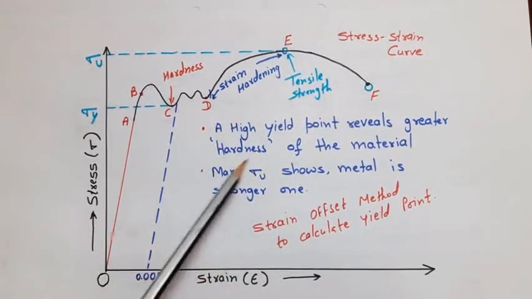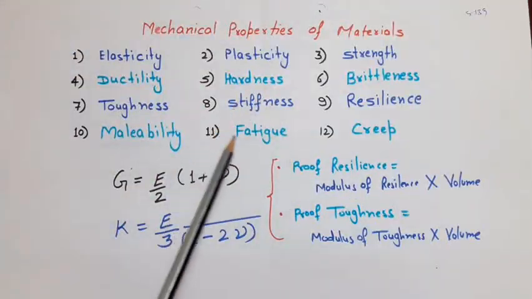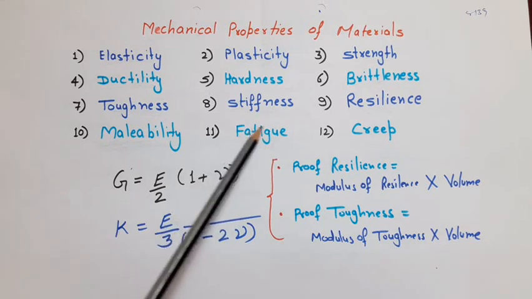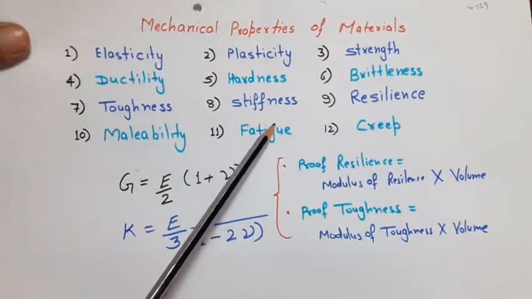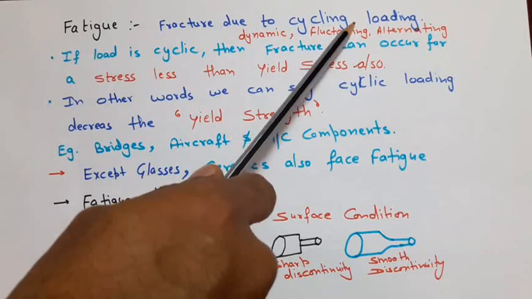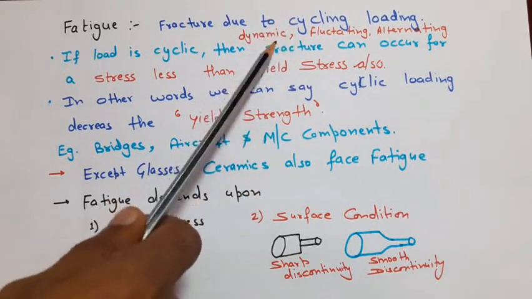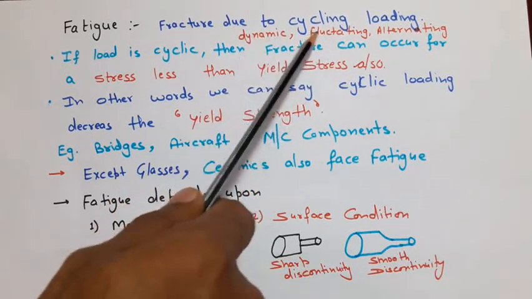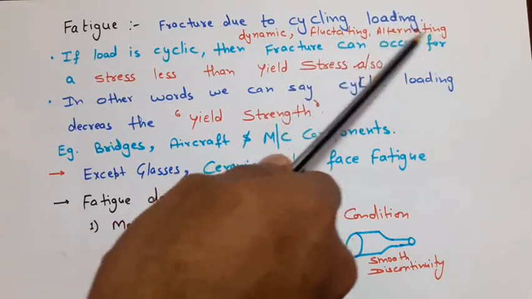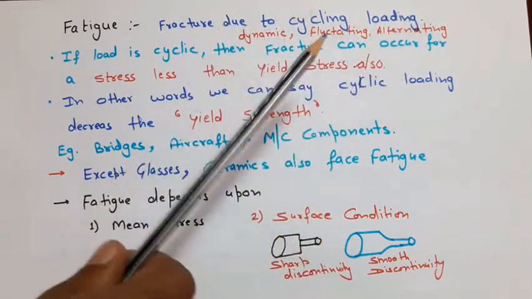So now we have left only one property of the material, which is fatigue. Fatigue can be defined as fracture due to cyclic loading. Cyclic loading means dynamic loading, fluctuating loading, alternate loading. Means loading is not constant.